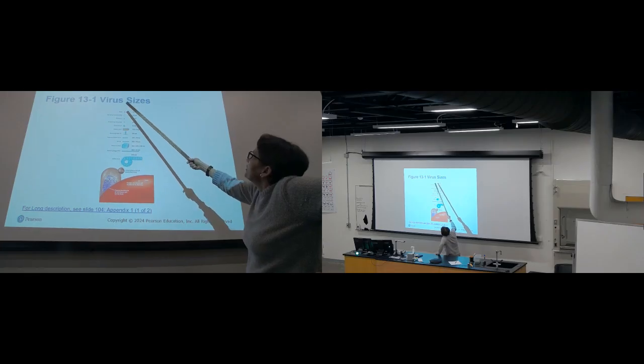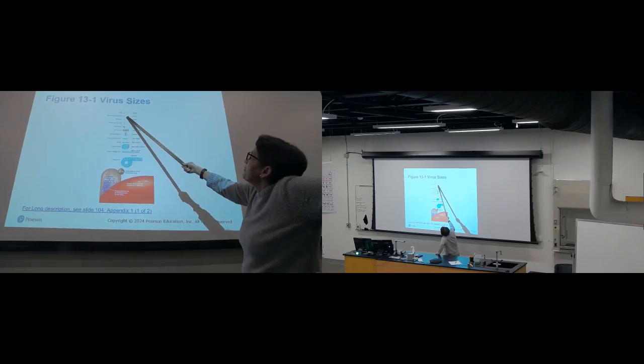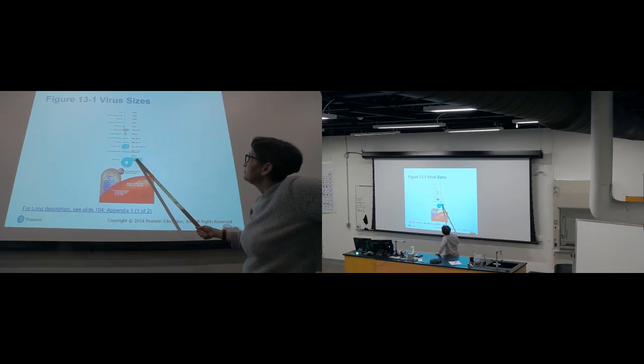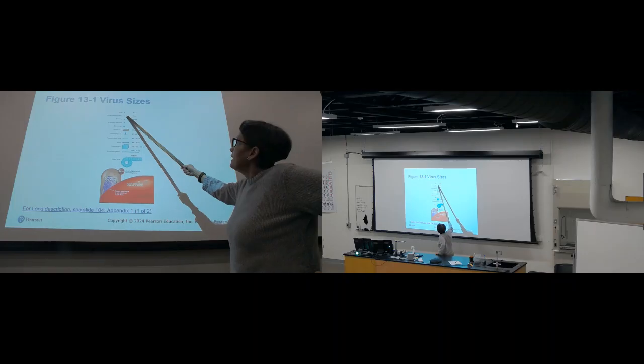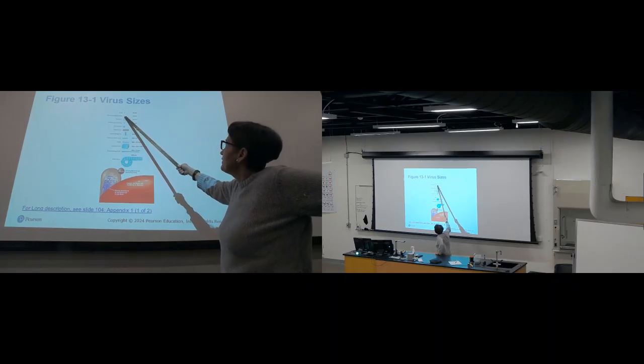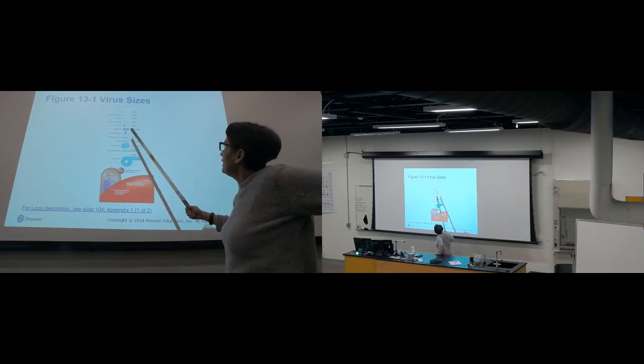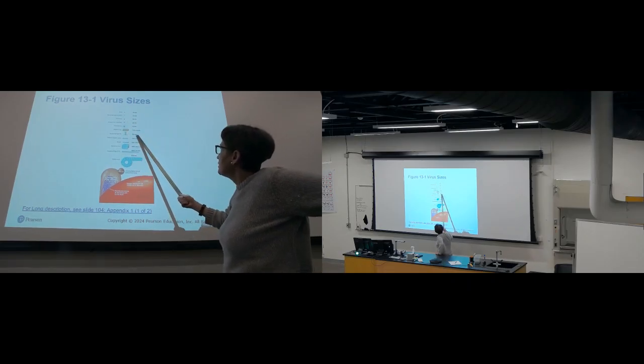No, this is not a virus. This is a prion, sorry guys. So the range of size is from 24 up to 100. The smallest viruses are these bacteriophages that range around 24, and then we have another bacteriophage here, which can be 225.